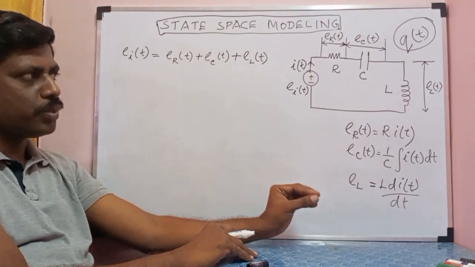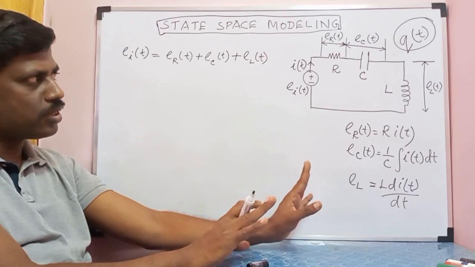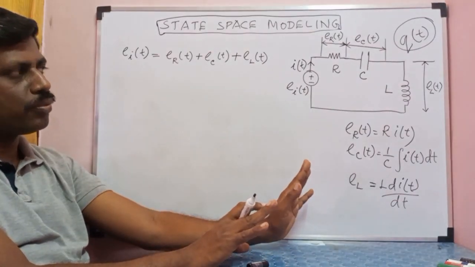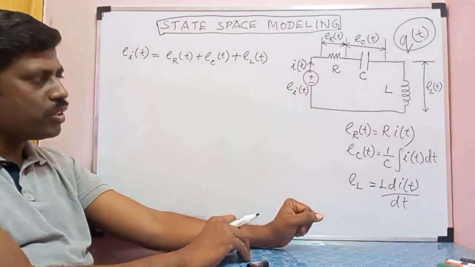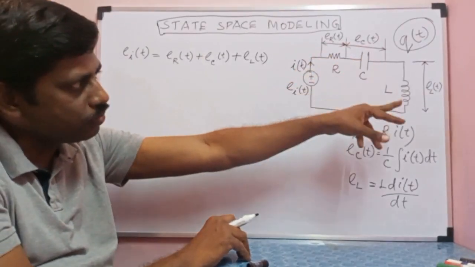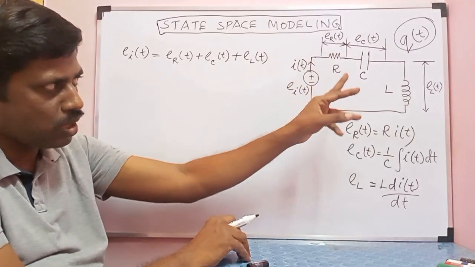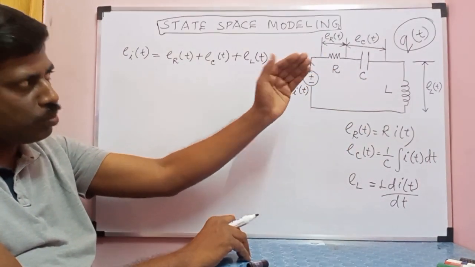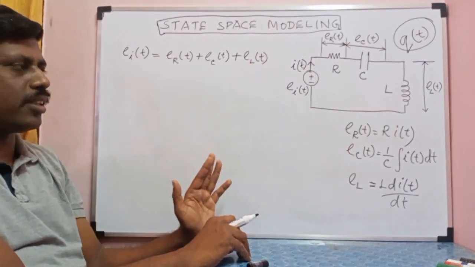So the first principle is the number of state variables for a system is equal to the number of independent energy storage elements. Even though I have got 5 variables here varying with respect to time, I don't need to take all of these. The number of variables is either going to be 5 or less than that.